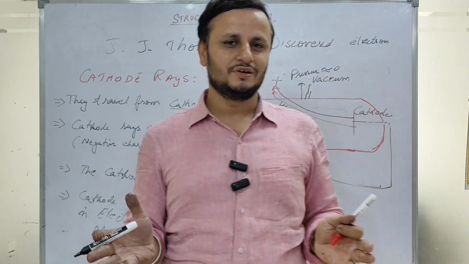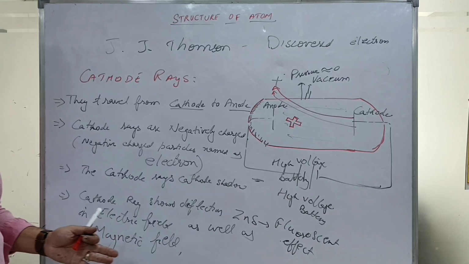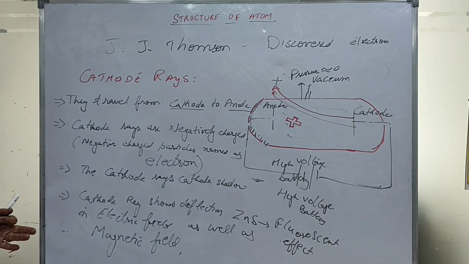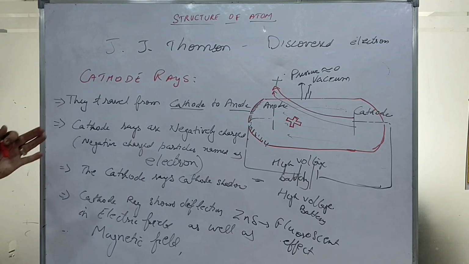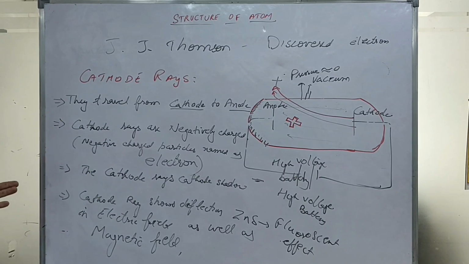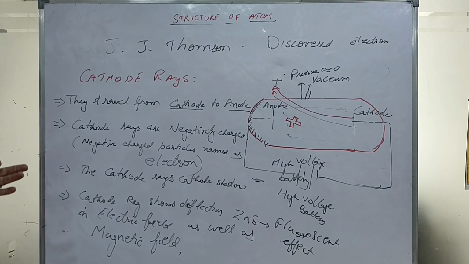The whole chemistry runs on the loss or gain of electron, the metallic character, the non-metallic character, the atom size, everything depends on this electron. This Thomson discovery gave a revolution to the structure of atom. And all these are things of the 1900s. All these models that we are studying are generally of the 19th century.